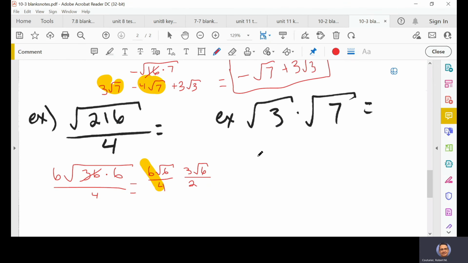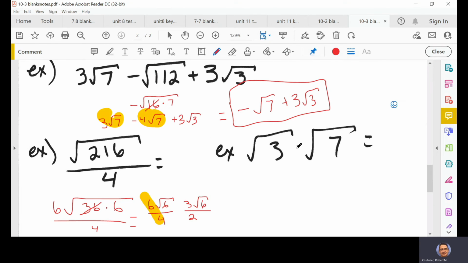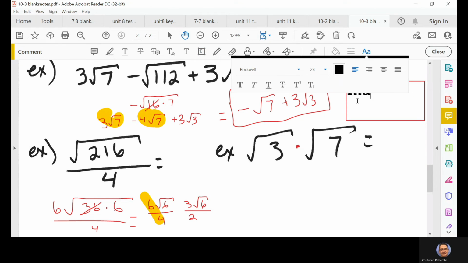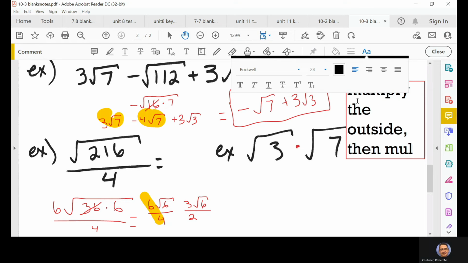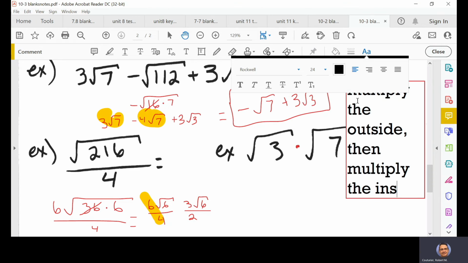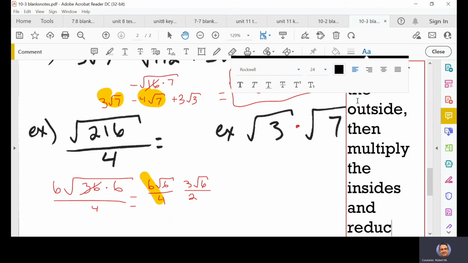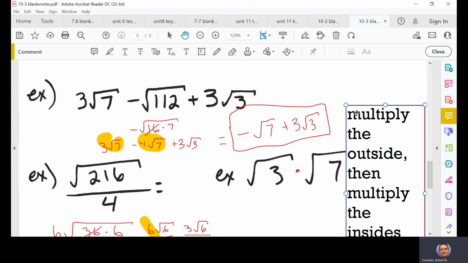Two more examples to do. Now we're dealing with multiplication. So the rule for multiplication is when you have multiplication, you multiply the outsides, then multiply the insides, and reduce.